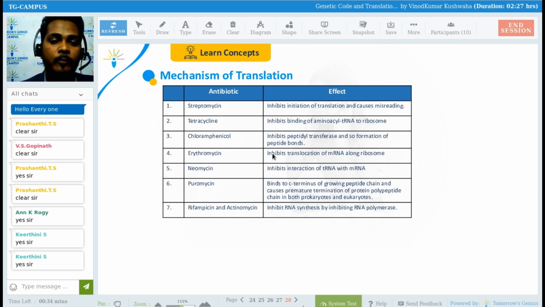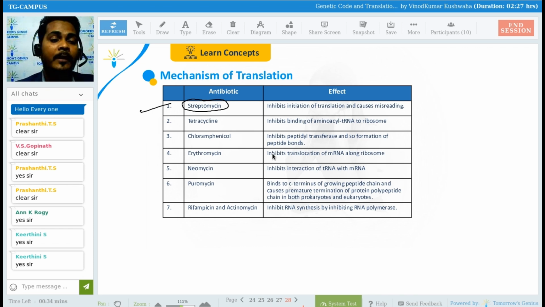That means streptomycin is an antibiotic that can have a bad impact on protein synthesis, and it even causes misreading of the mRNA, or we can say the code, is going to be misread also.